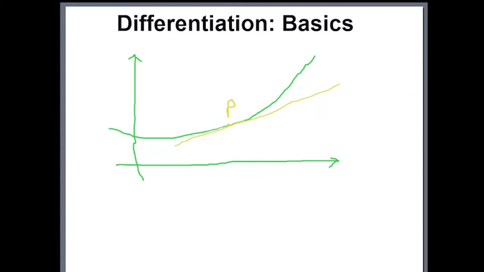Now, how do we find the gradient of a curve? Let's assume this curve here is a curve of y equals 2x squared plus 5. If we want to sketch this curve, conventionally we use a graph sheet.